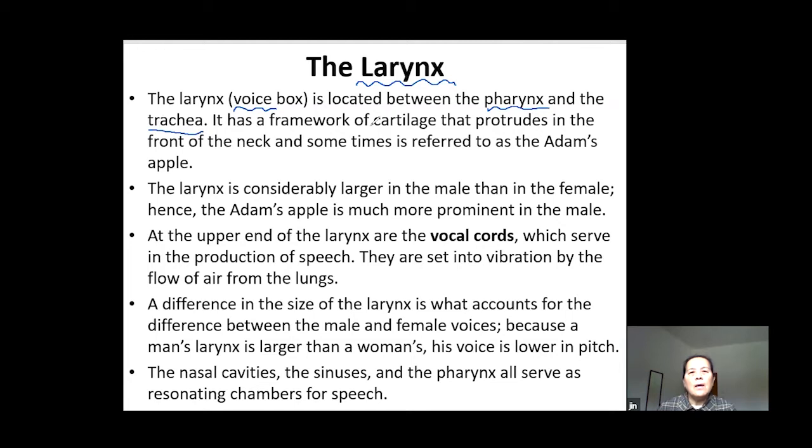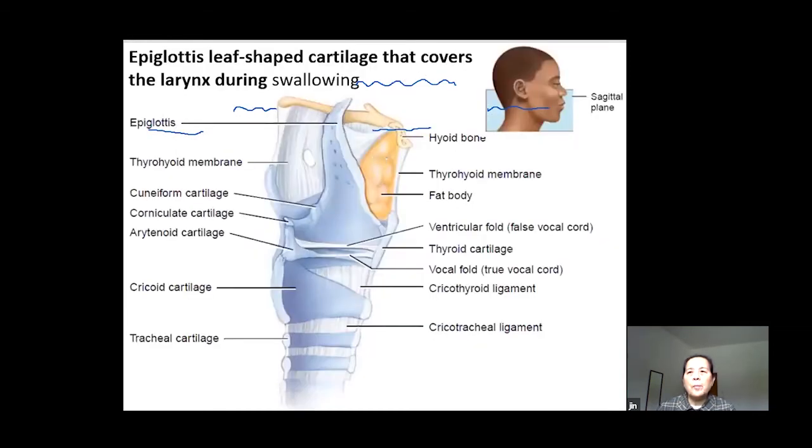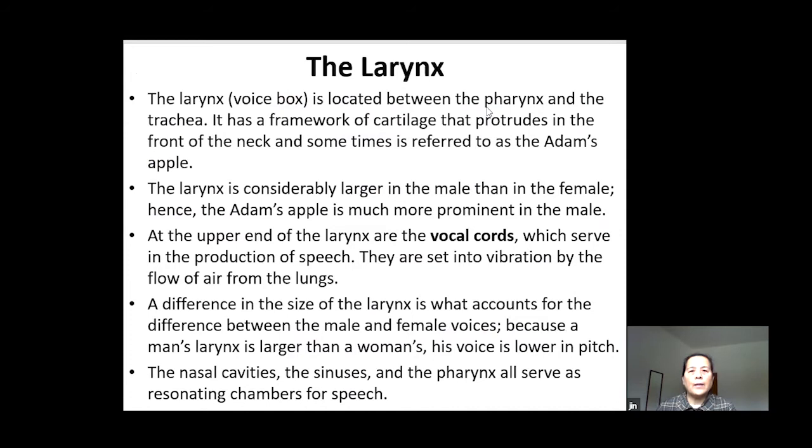And it is formed by cartilage. That's a little bigger cartilage in there. Especially for males, it goes to the frontal part of the neck. Sometimes you can touch it or see it there. Sometimes we call it Adam's apple. That's basically coming from the larynx cartilage.